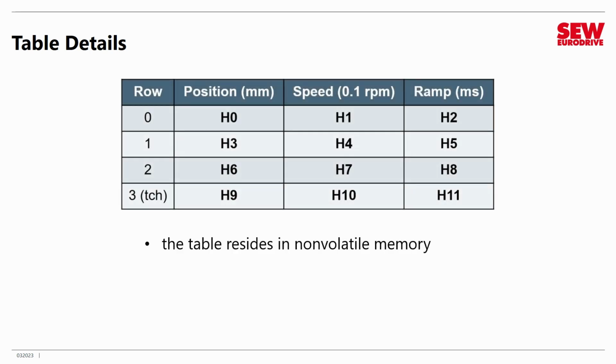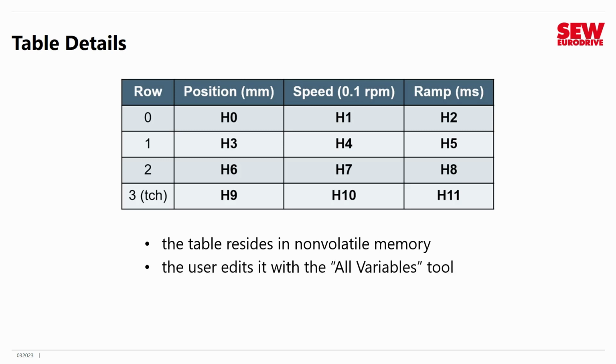Let me give you some details on the table. You're going to put it in non-volatile memory, so when you turn off the controller, the positions and speeds and ramps stay put. So here's where it's going to go. Row 0 is in H0, H1, and H2. Row 1 is H3, H4, and H5, and so on. So you're going to use the first variables in non-volatile memory.